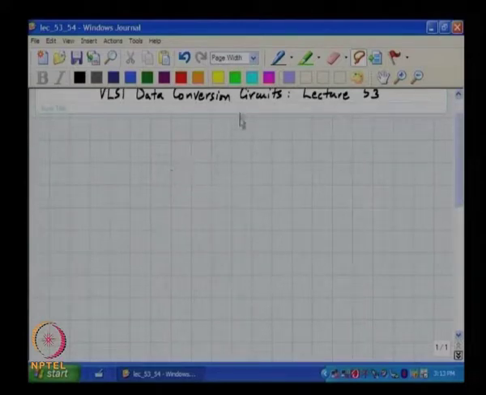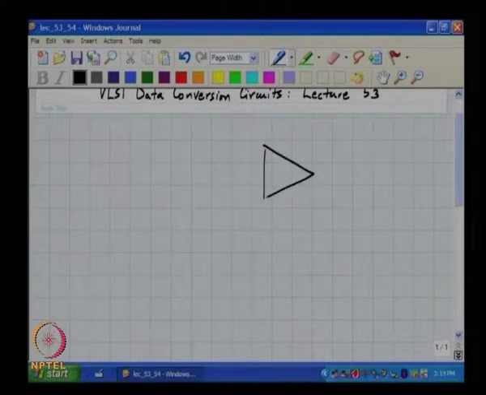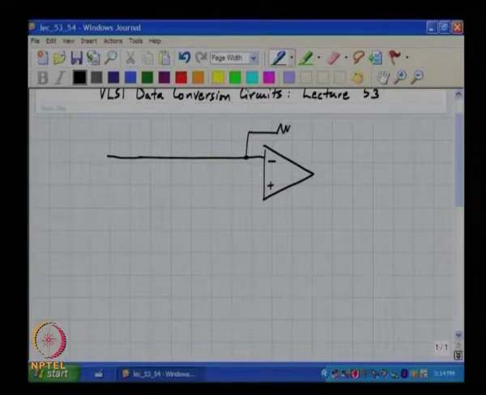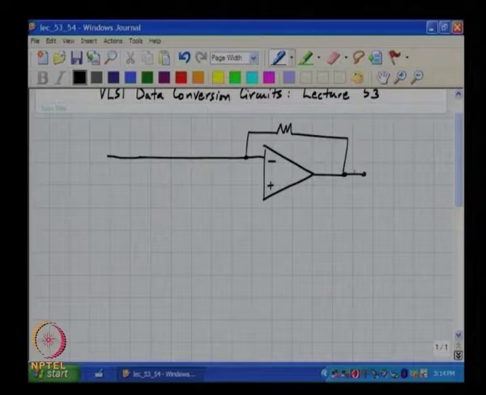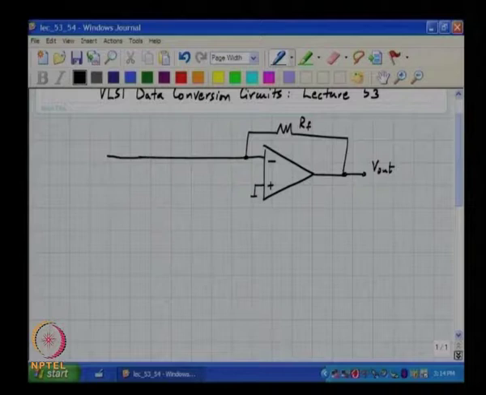The example we were looking at is this. The RF is simply a resistor which converts voltage to current.